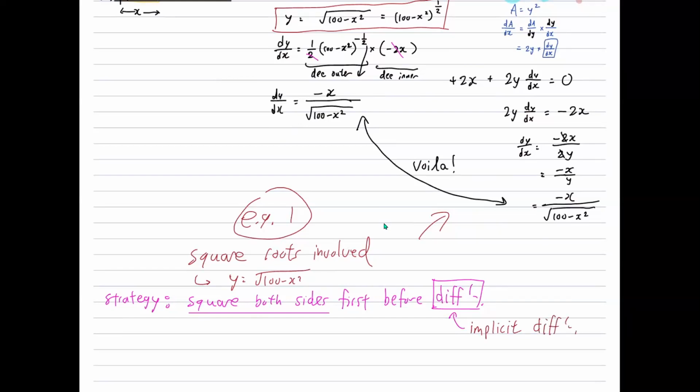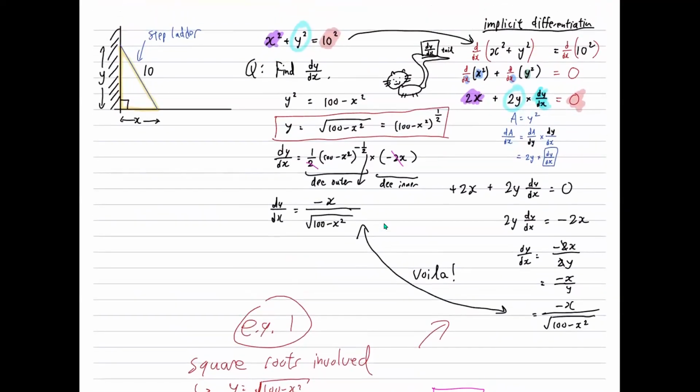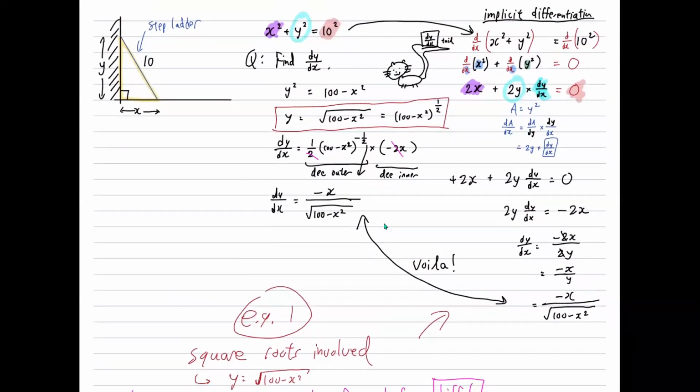That's the strategy I'm teaching you here. When there's a square root involved in the y, you don't just directly take dy by dx. For now it may look simple, but once you see more complicated examples, you will realize that implicit differentiation is the way to go. This strategy I just described: square both sides first, then differentiate.